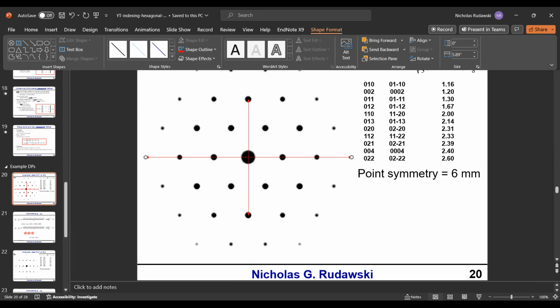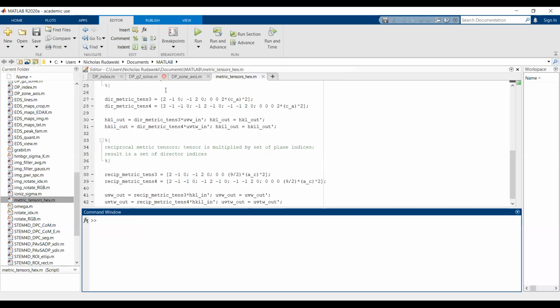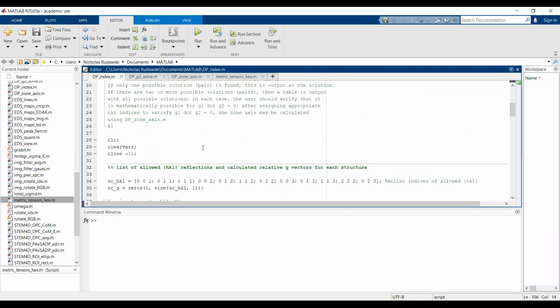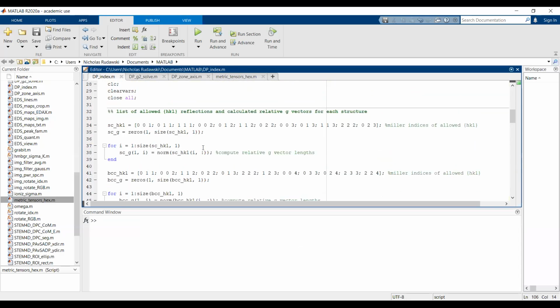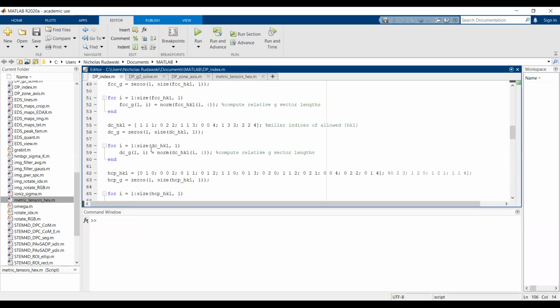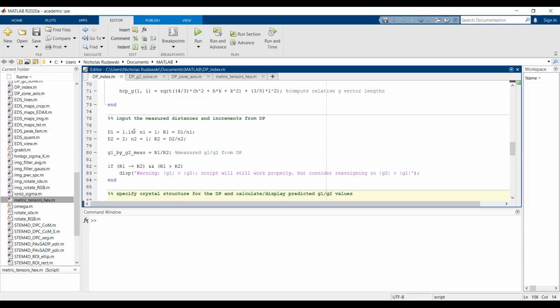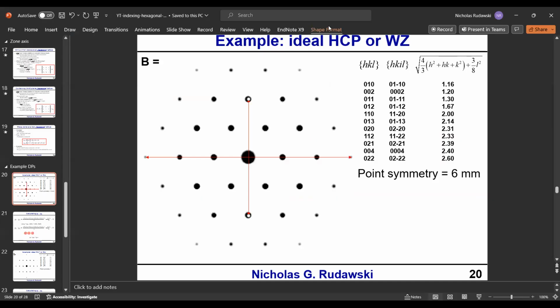Okay, so I'm going to come back to my MATLAB program here, and I have my program here that I used in the cubic example, which works just as well here. So I have 5.89, and my number of increments is 6.